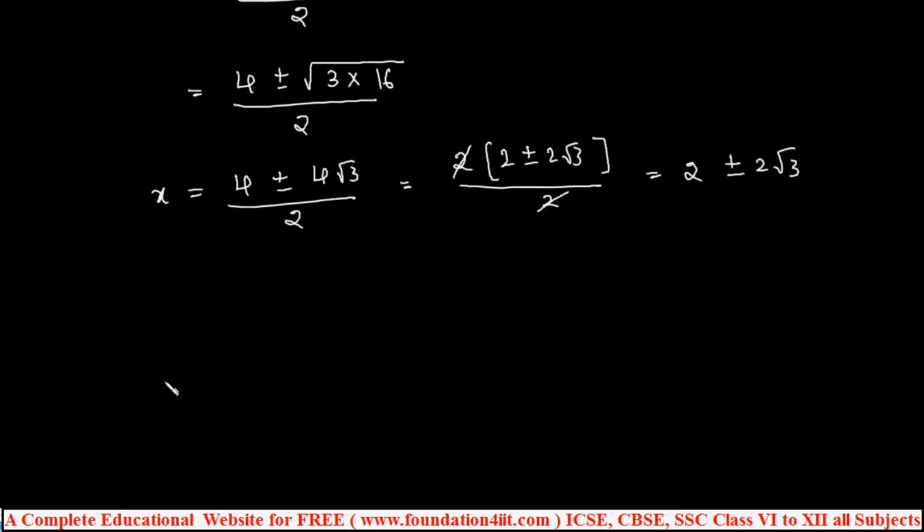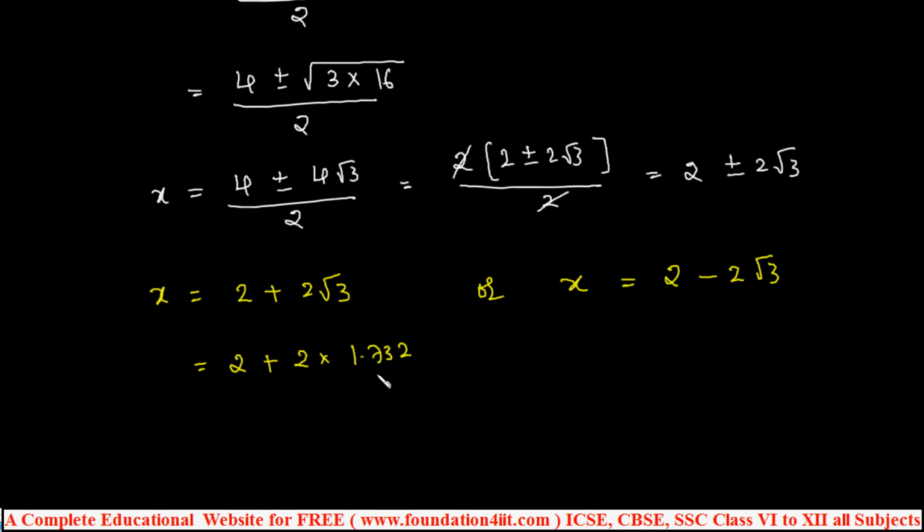So we have two solutions now. One is x is equal to 2 plus 2 root 3, or again x is equal to 2 minus 2 root 3. Substitute the values. 2 plus 2 into root 3 value, 1.732. Up to 3 significant figures they said, right? So you can take this.